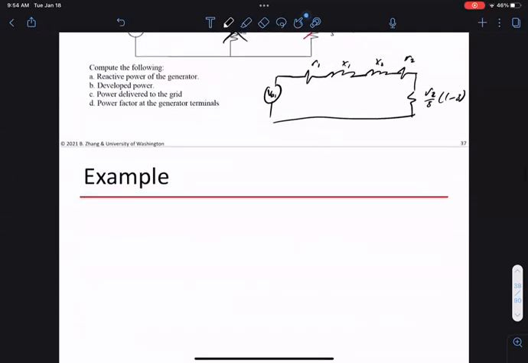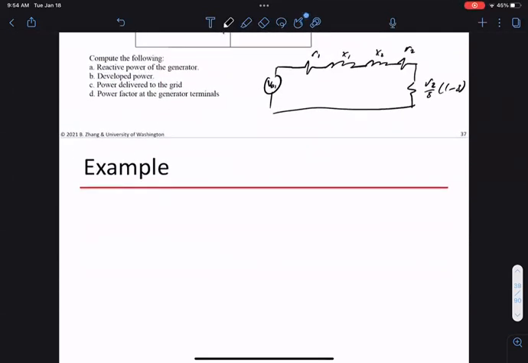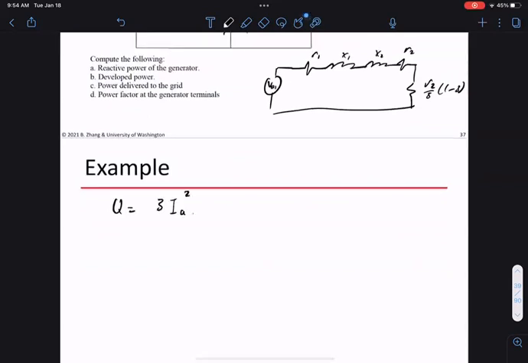Recall that Q is 3 times IA squared times (x1 plus x2). So here we have our Q equation for computing reactive power.